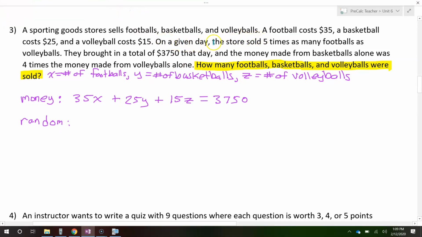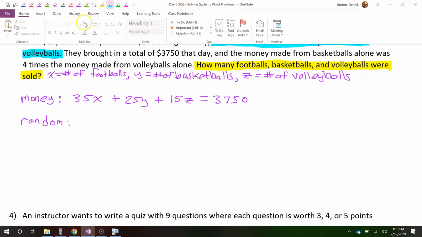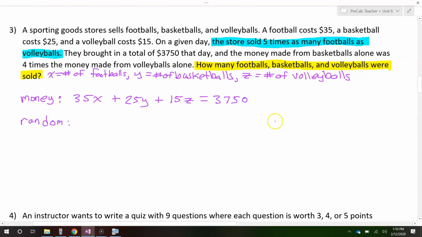Let's see. The store sold 5 times as many footballs as volleyballs. All right, this one is not as tricky as the one we were just working on before I started this video. You would probably guess this one correctly. I'm still going to go through my little analysis.